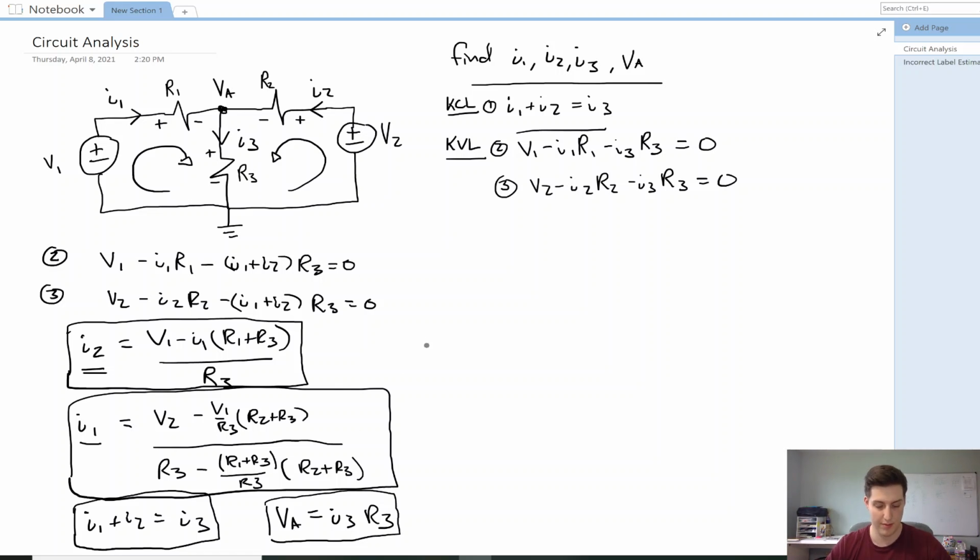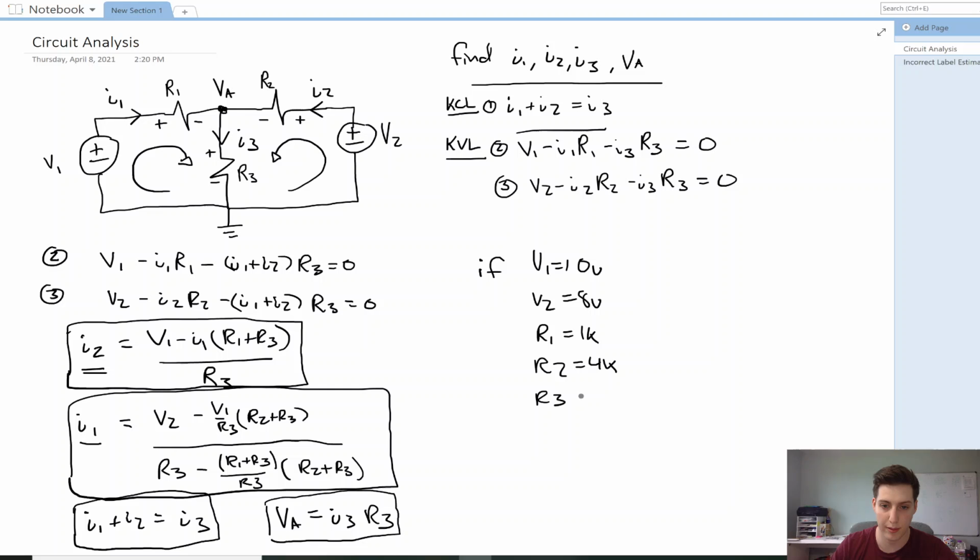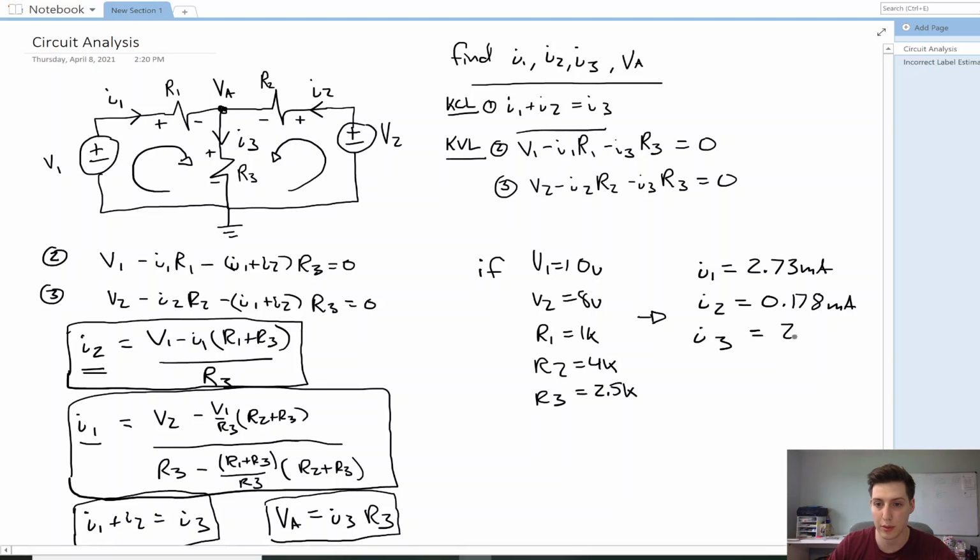So for an example, if V1 equals 10 volts, V2 equals 8 volts, R1 is a 1K, R2 is a 4K, and R3 is a 2.5K, then I1 will equal 2.73 milliamps, I2 will equal 0.178 milliamps, I3 will be equal to 2.9 milliamps, and VA will be equal to 7.27 volts.